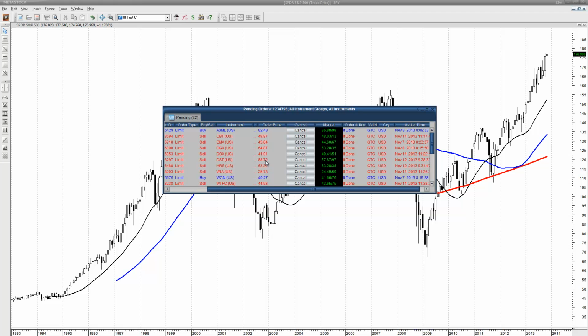DST 88.72 short sell. HRS 63.39 short sell. Vera Bradley 25.73 short sell. WCN 40.27 going long. WTFC 44.93 short sell, limit order.